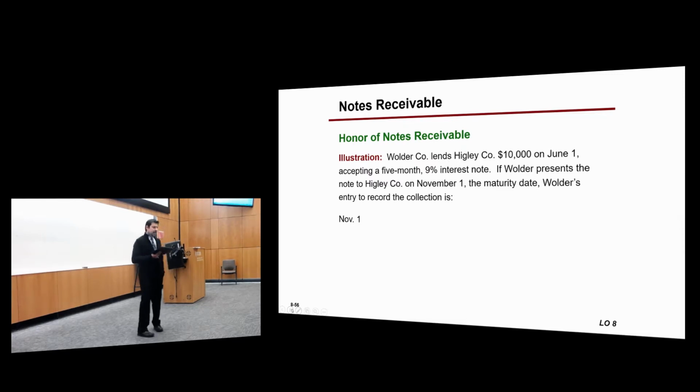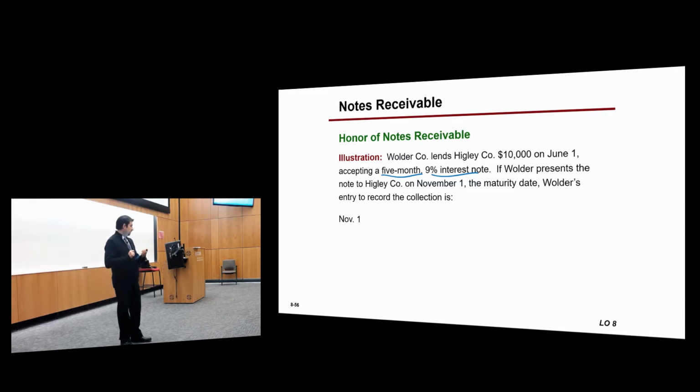Walter Company lends Highly Co. $10,000 on June 1st, accepting a 5-month, 9% interest note. If Walter presents the note to Highly Co. on November 1st, the maturity date after 5 months, Walter's entry to record the collection on November 1st, what do you write?